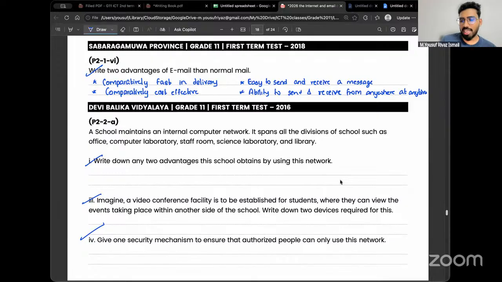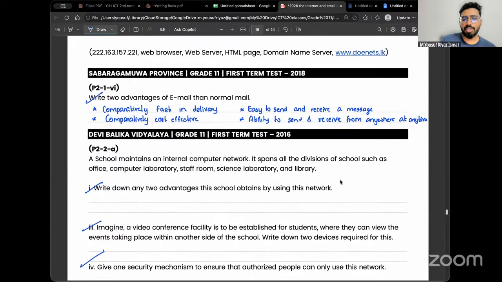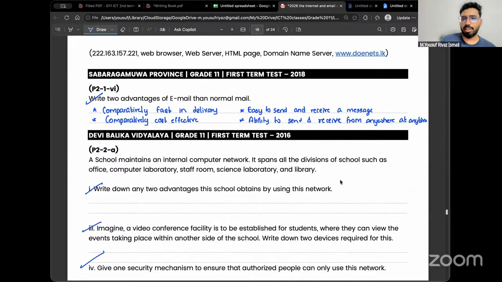Even SM, for example, a few days back we had the awards day. The awards day photos, I sent through SMS to many people. Some of them still complain that they didn't get the SMS. So even though I used SMS, there are people who did not get it.